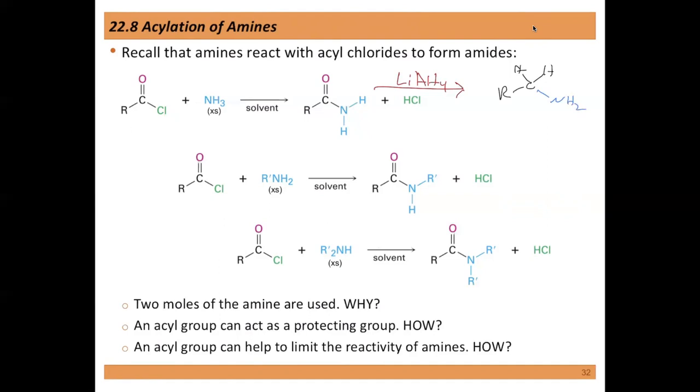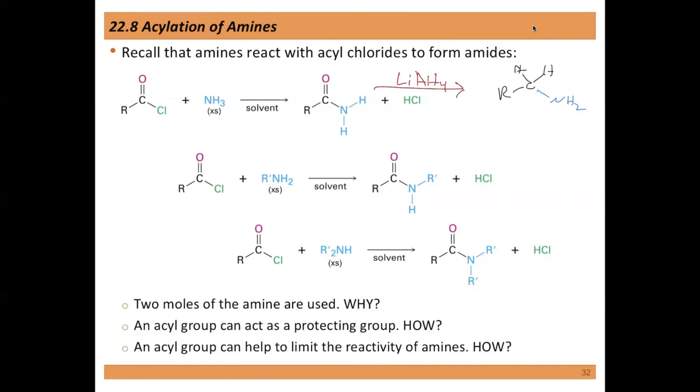So from acid chlorides with ammonia, we can make a primary amine. In the second example here, with an acid chloride in the presence of a primary amine, we can make an amide that we could then go on and make a secondary amine from an acid chloride and a secondary amine. We could mix those together to make an amide that we could also reduce down to make a tertiary amine.